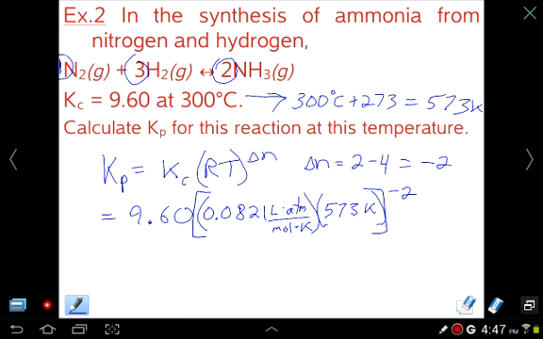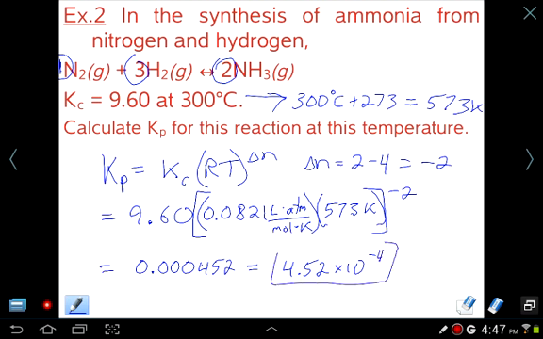And we should get ourselves a value that looks something like this. 4.52 times 10 to the -4th, with 3 significant figures. And no units. Do not worry about the units here. And that's how Kc is related to Kp.